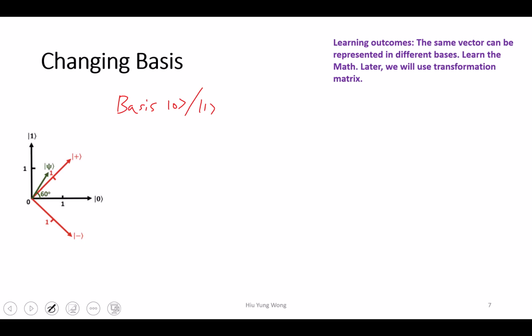So in this basis, psi is given in general as alpha 0 plus beta 1. Again, you can think of it as 2x hat plus 5y hat. That gives you the vector. Now, how about in the basis of plus and minus?